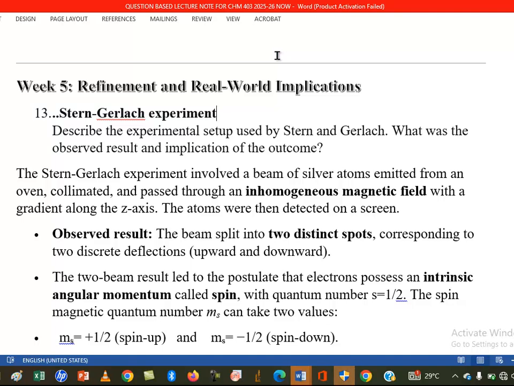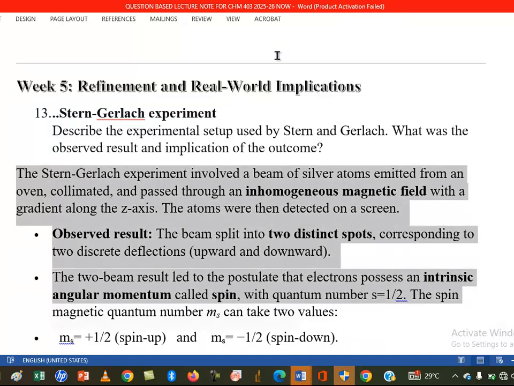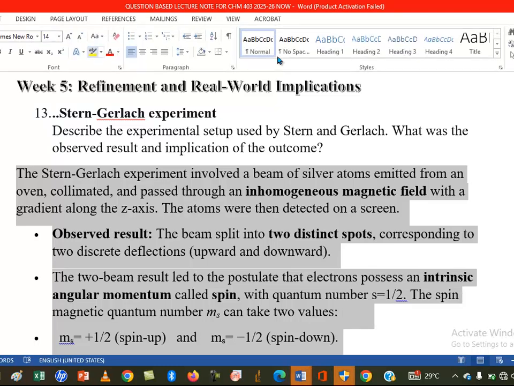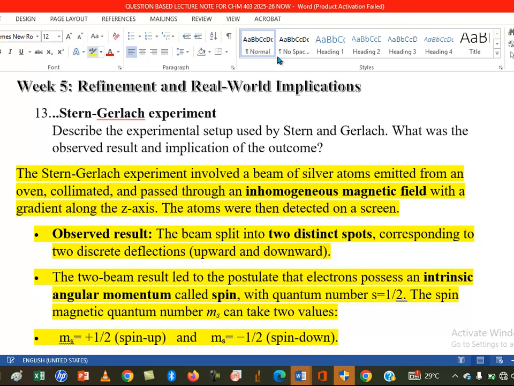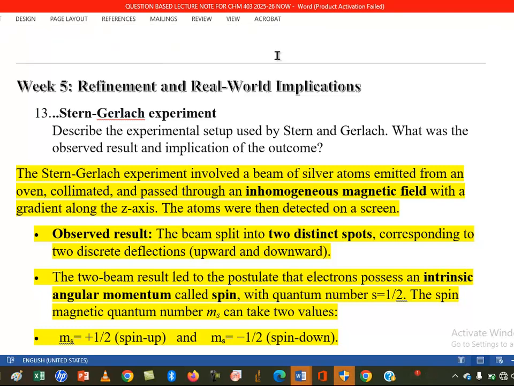So this experimental setup used by Stern and Gerlach involved a beam of silver atoms emitted from an oven, collimated and passed through an inhomogeneous magnetic field.